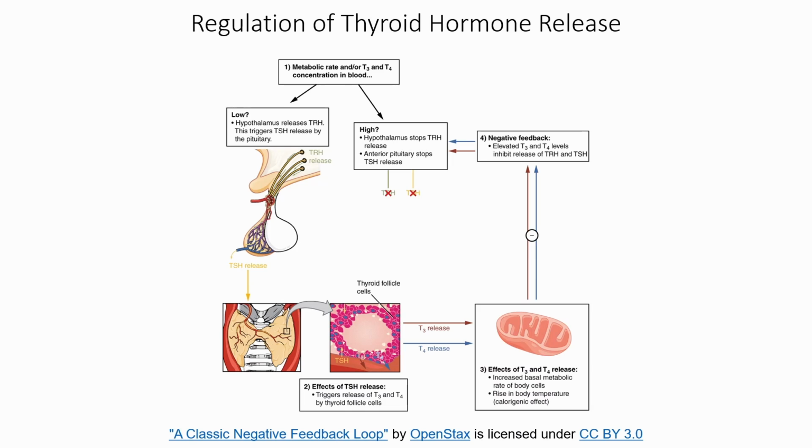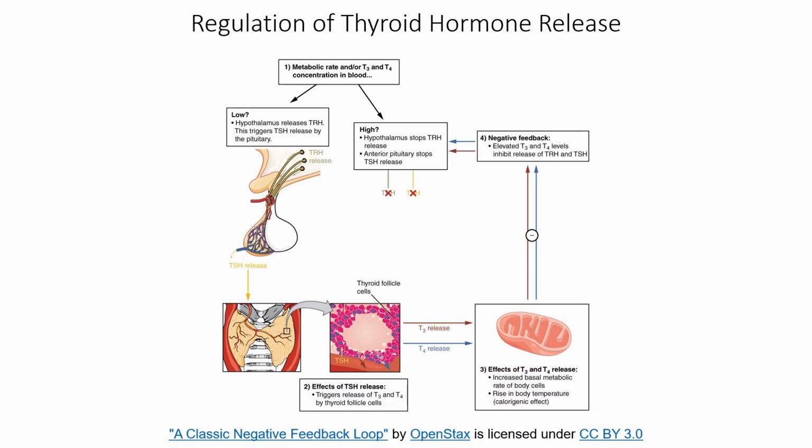So let's go ahead and look at how thyroid hormones are regulated. One of the big things is how much T3, T4 do we have in the bloodstream. If it is low, right, let's say we don't have a lot of T3, T4 in the blood, then the hypothalamus will release TRH to stimulate the anterior pituitary.